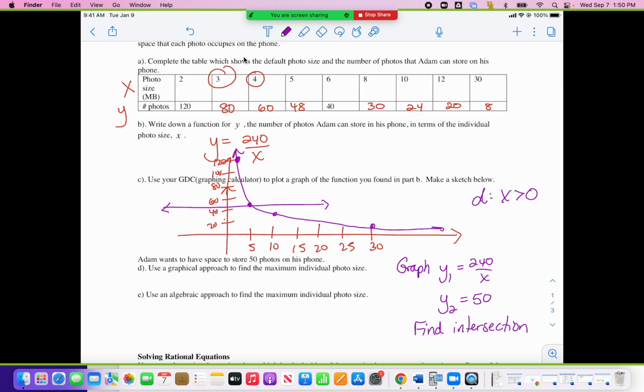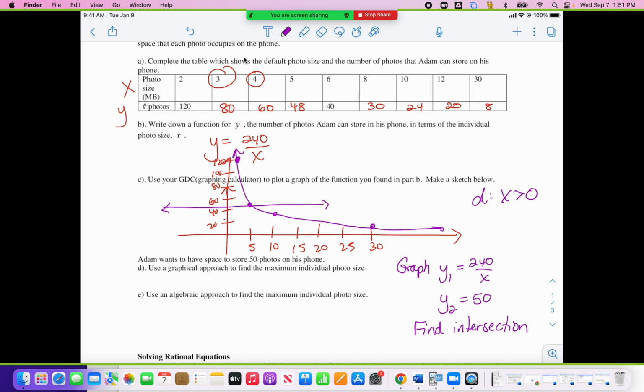So do you have graphing calculators? All right, anybody find it yet?